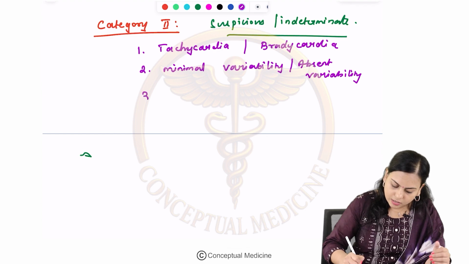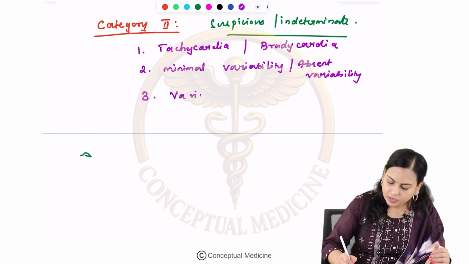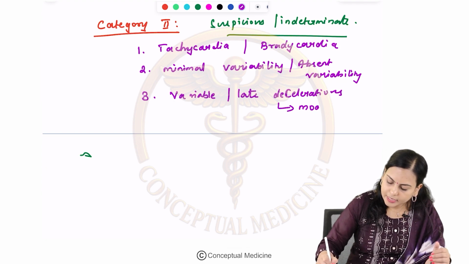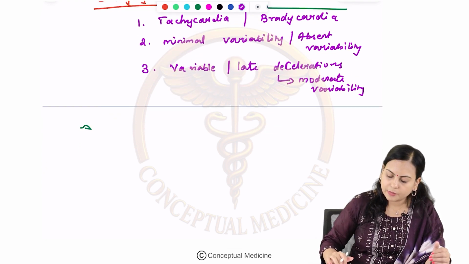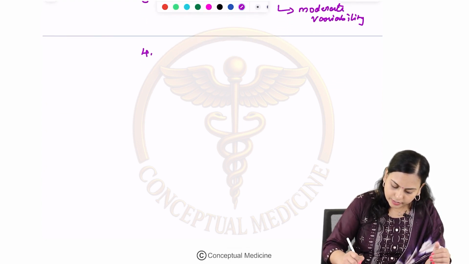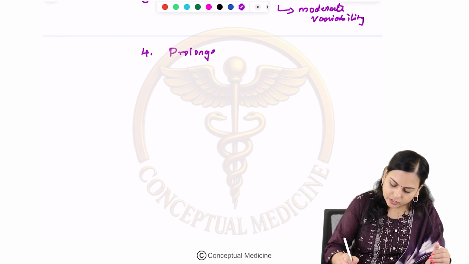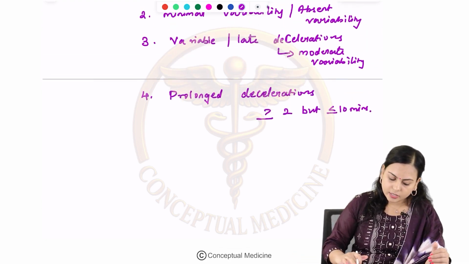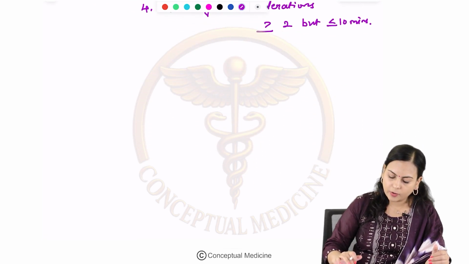Then there can be variable or late decelerations seen only if it is associated with moderate variability. Okay, we will be keeping it in second category. Then there are prolonged decelerations. Okay, that is more than 2 minutes but less than or equal to 10 minutes. Clear? See, all these things, put them in the category 2 NST.